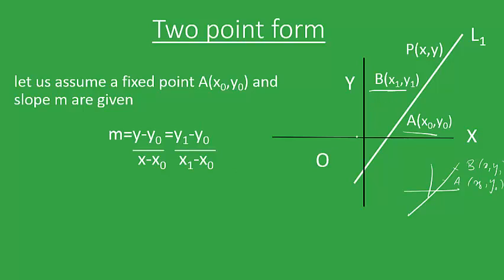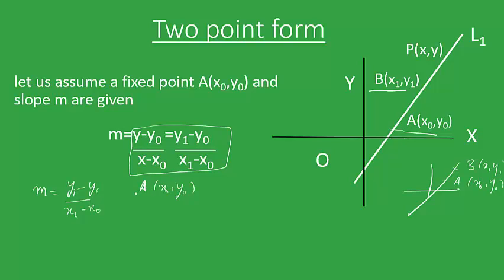Let's take the other point as A. Now it is converted to the earlier form in which we have m equal to (y1 minus y0) upon (x1 minus x0), and the point A (x0, y0). Then we can write the equation by using the earlier result of the point slope form as m equals (y minus y0) upon (x minus x0), and by equating m we have this particular equation.